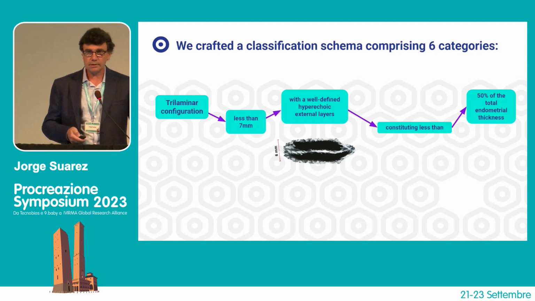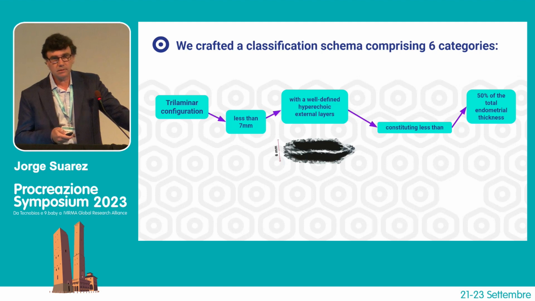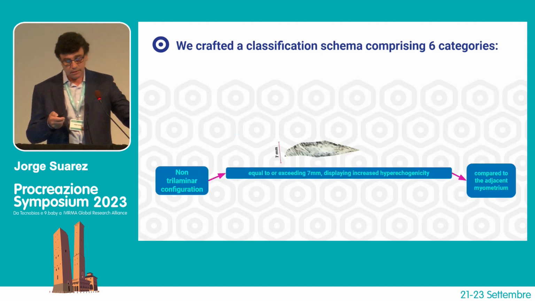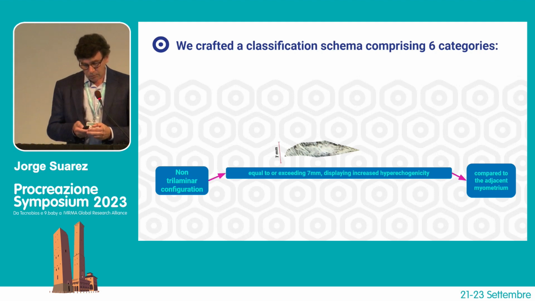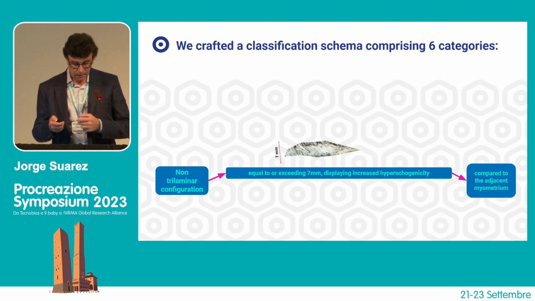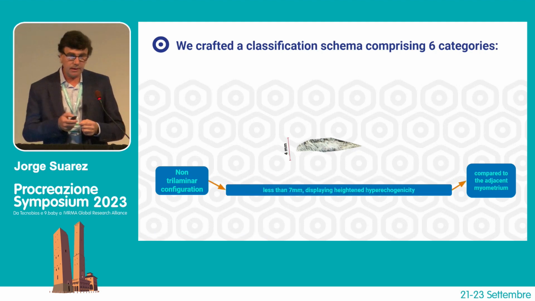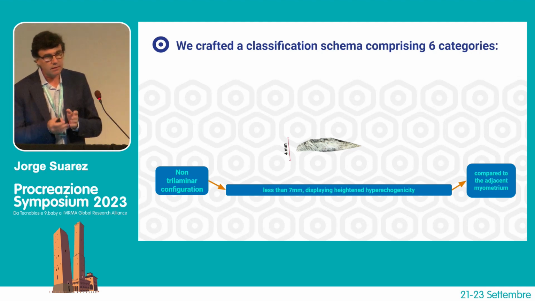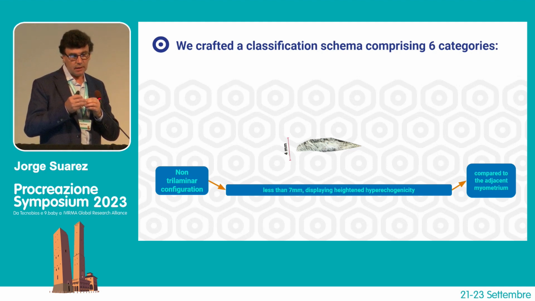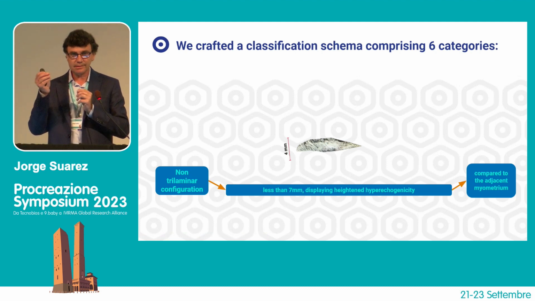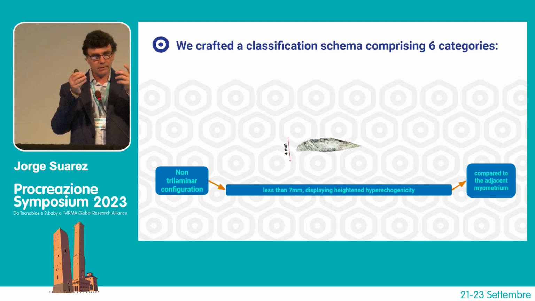The other 2 categories are related to non-trilaminar configurations, displaying increased hyperechogenicity on one hand and, on the other, high-tined hyperechogenicity. The difference between increased and high-tined is the degree of brightness that you can evaluate in the image.